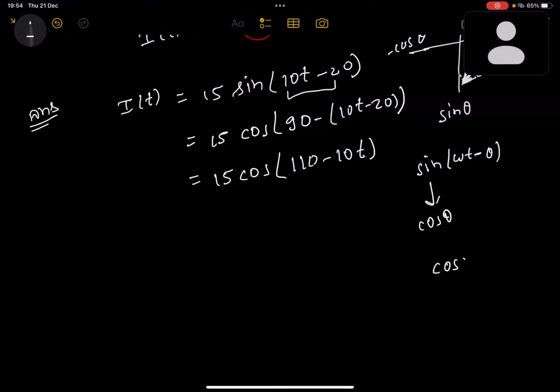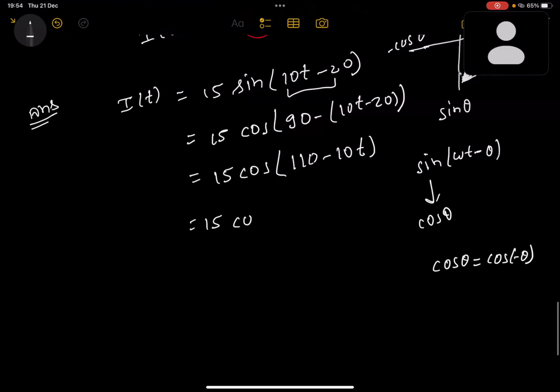See, cos theta always equals cos of minus theta, so I can write cos(10t minus 110), because we have to keep the omega t term. If you have any doubt in this one, then you can ask me.